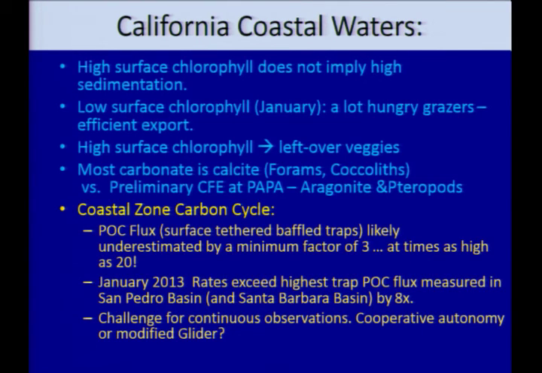And there is a challenge for continuous observations. Like, we can put a Lagrangian instrument and get great results, but in a week it's gone from the area that you want to study. So how do you actually maintain a presence in an active coastal environment, because you require a Lagrangian framework for your observations?